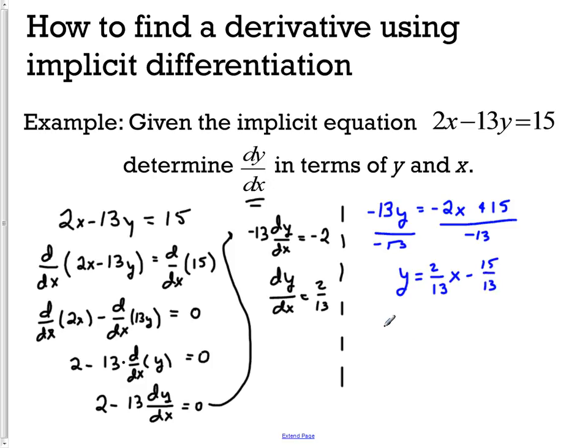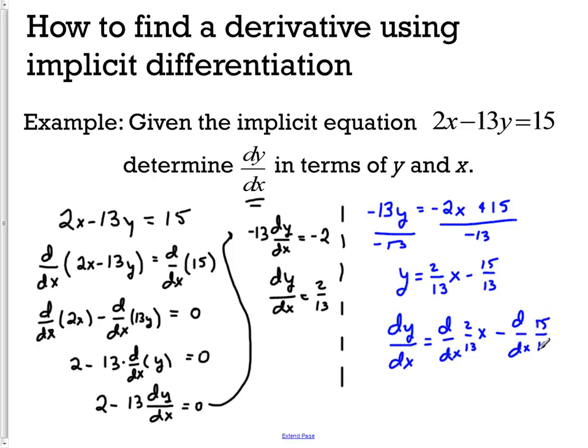Doesn't really matter though, because if we were doing this using the explicit function method, we would say dy dx is the derivative of 2/13 x with respect to x minus the derivative with respect to x of 15/13.